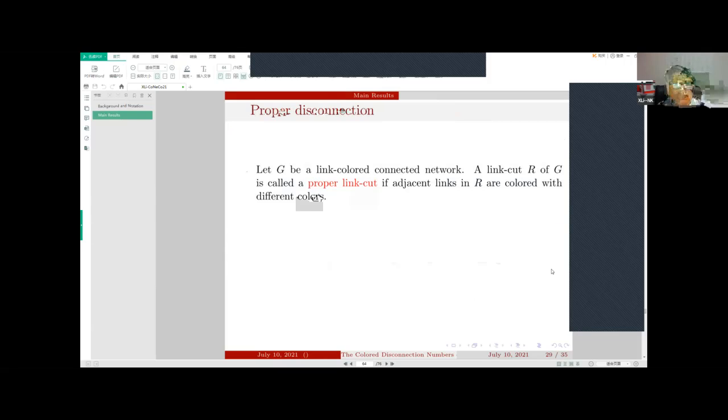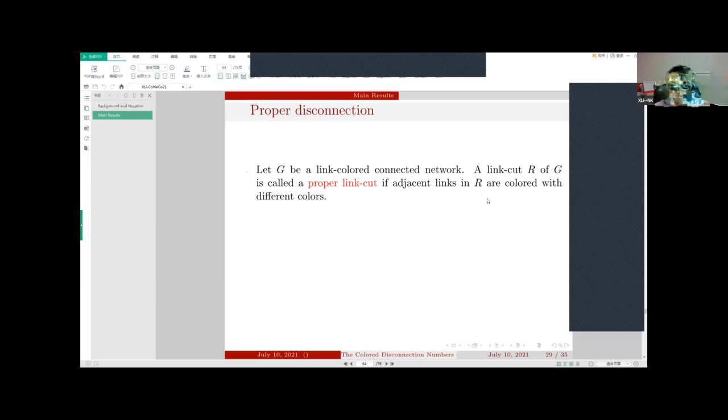We have another two kinds of disconnection, also link coloring, but not node coloring. We call it proper link coloring, with link cuts. Also, the edges in the cuts are properly colored. That means two adjacent links cannot get the same color.